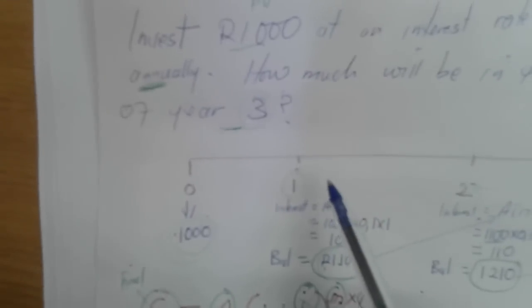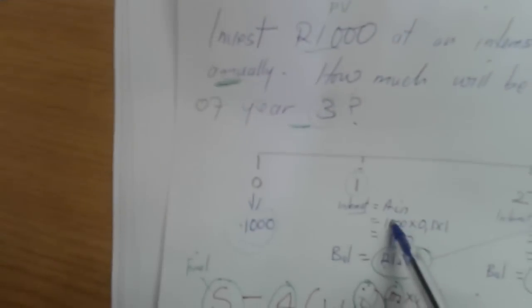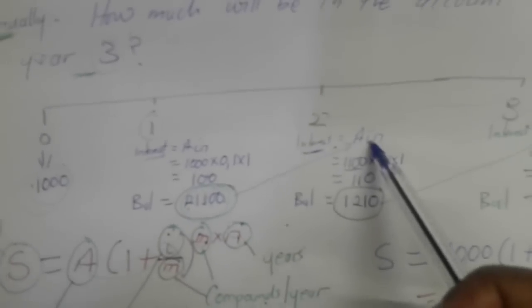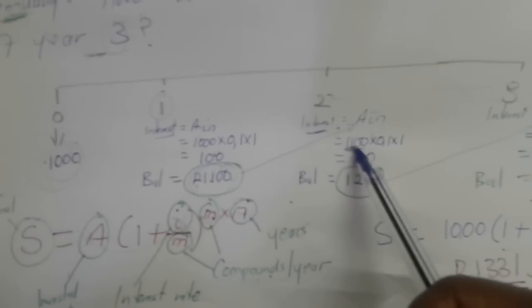Once you have that balance, that becomes your A, and you now multiply by your I, which is your interest rate, always given. So remember, when you're at the end of month 1, to get the interest of month 1, you need the opening balance for month 1, which is here. Let's go to month 2. To know the interest for month 2, you need the opening balance for month 2.